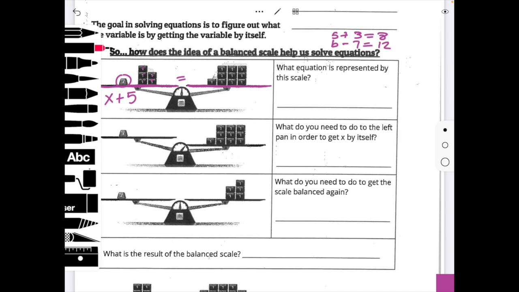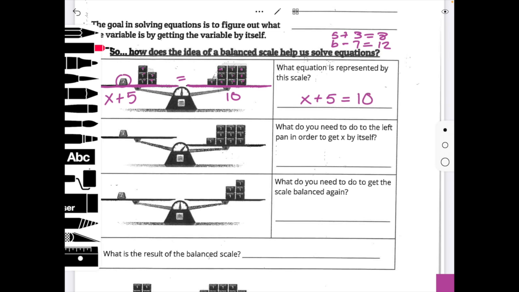So x plus 5 equals, and it looks like we've got a 3 by 3, so that's 9, plus 1 extra is 10. So our equation is x plus 5 equals 10.